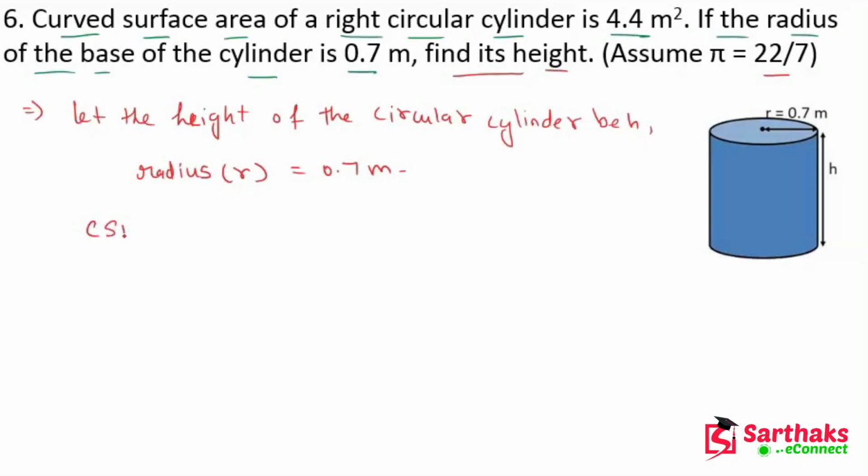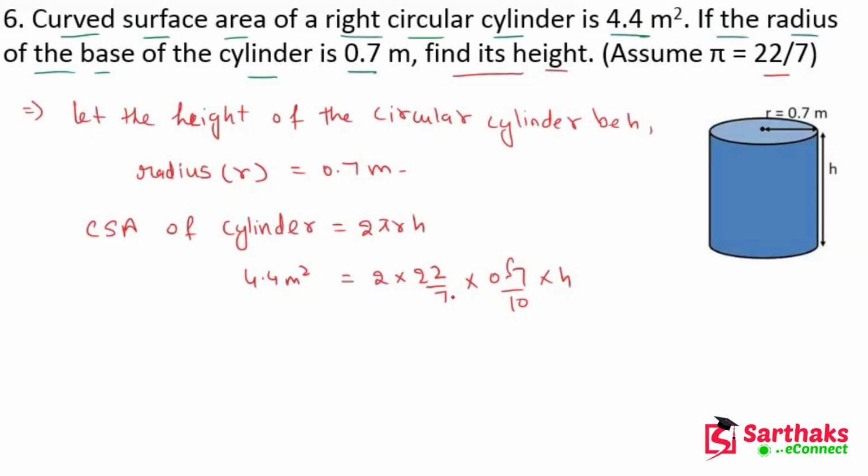And we know that CSA of cylinder is equal to 2 pi r h, and this is 4.4 meter square. This is equal to 2 into 22 upon 7 into 0.7 into h. Now if we remove this point, we get 10 in the denominator, and we can cancel this 7 and this 7 very easily.